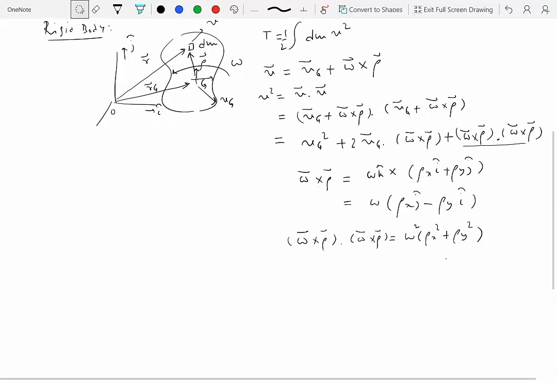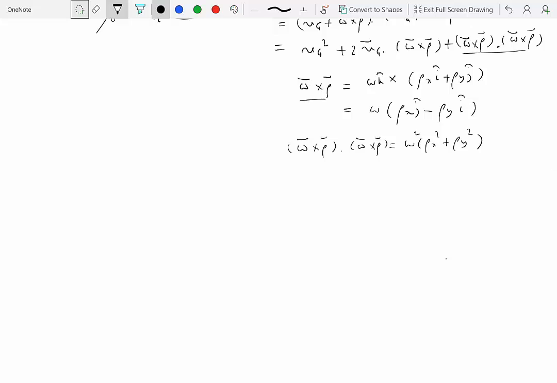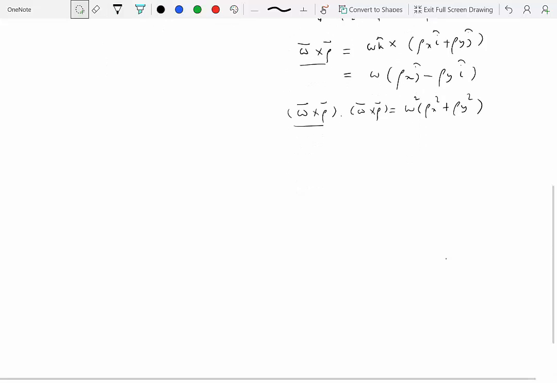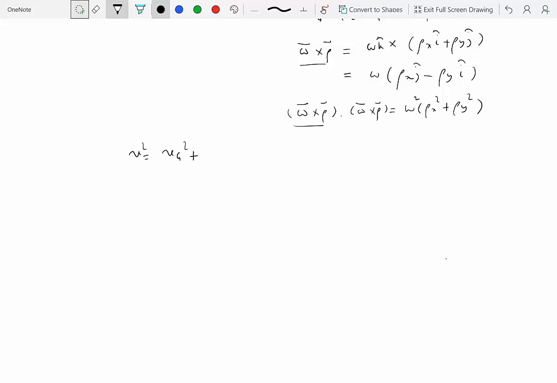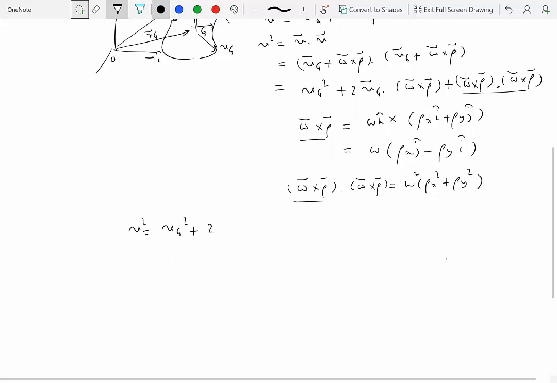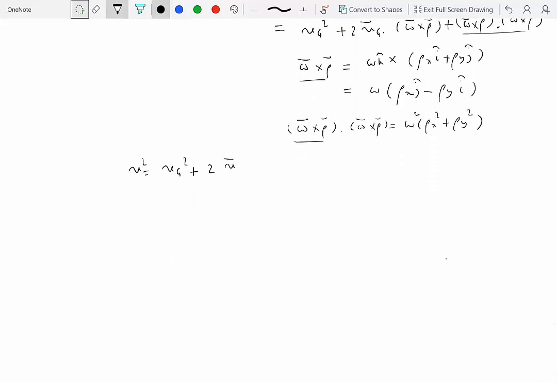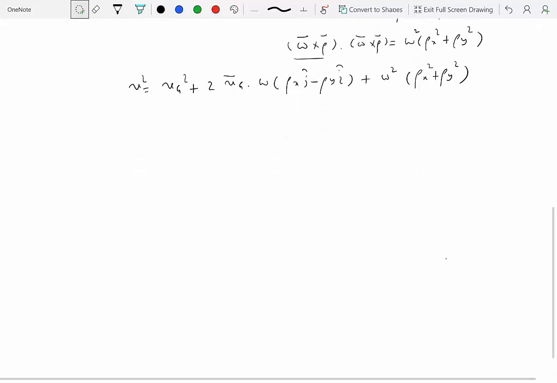Okay, so let's substitute for these two relationships in our expression for v squared. So we get v squared equal to v_g squared plus 2 times v_g dot omega (rho_x j hat minus rho_y i hat), plus omega squared (rho_x squared plus rho_y squared), okay. So this can be written as v_g squared plus 2.